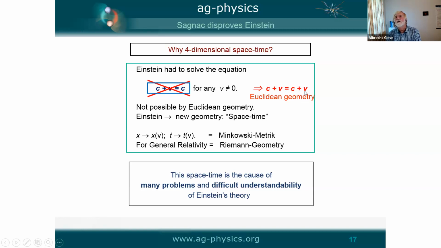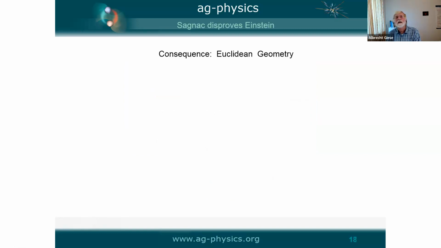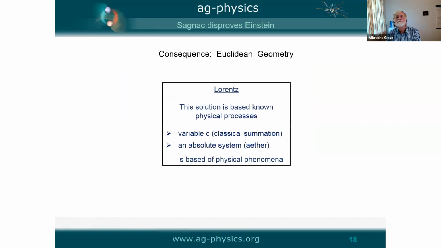And we then have to make a transformation to the frame of the observer. And then we get as a result, again, the speed of light. But that is a consequence of this necessary transformation, so the consequence of Euclidean geometry.